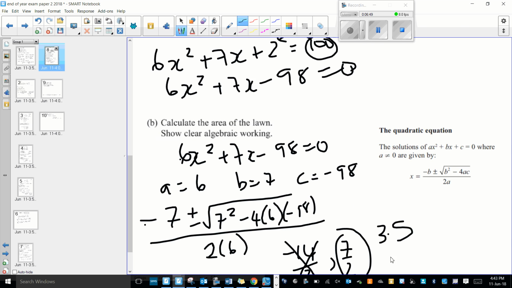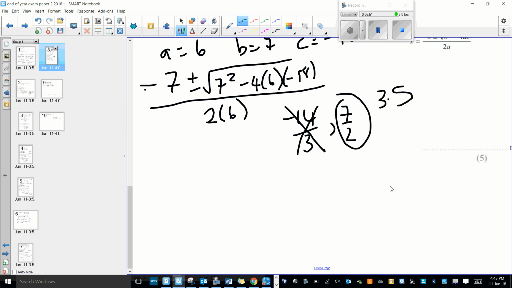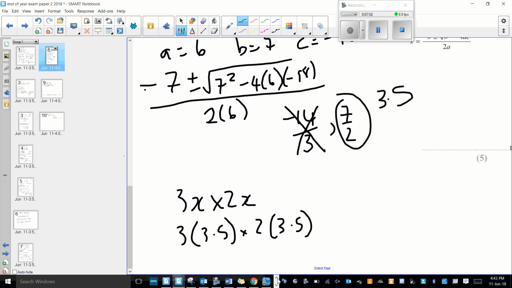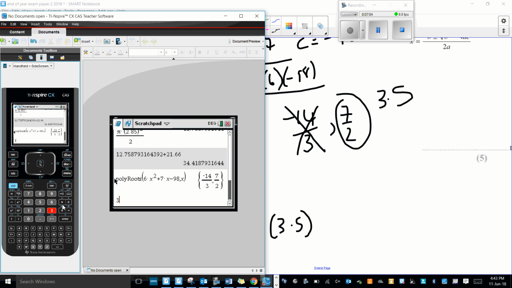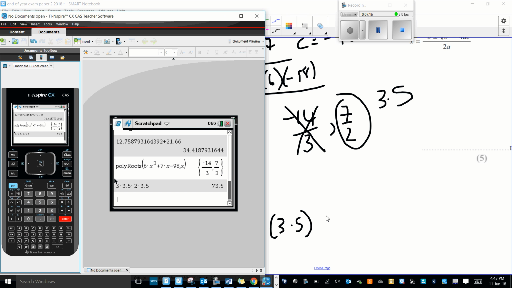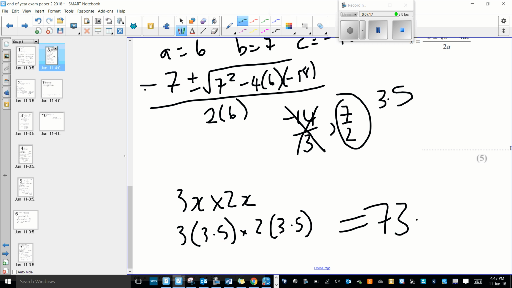So 3 lots of 3.5 multiplied by 2 lots of 3.5. 3 multiplied by 3.5 multiplied by 2 multiplied by 3.5 equals 73.5. And that is meters squared. Okay.